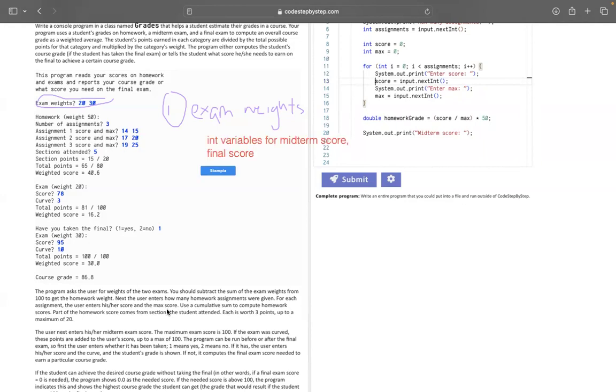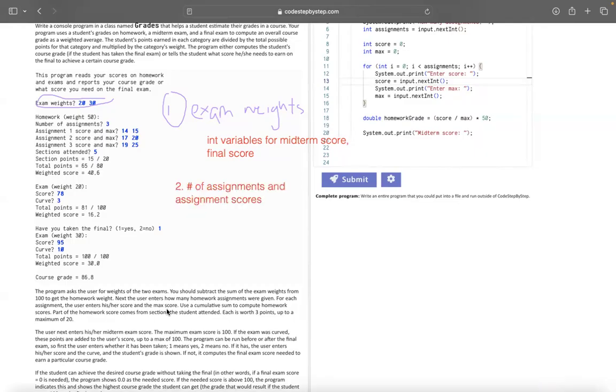Okay. So we know that we have that. The second thing we have to keep track of is going to be our number of assignments and our assignment scores, right? And I think this is where you guys started.